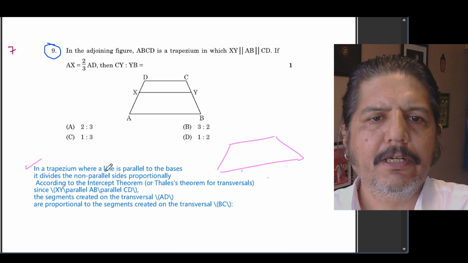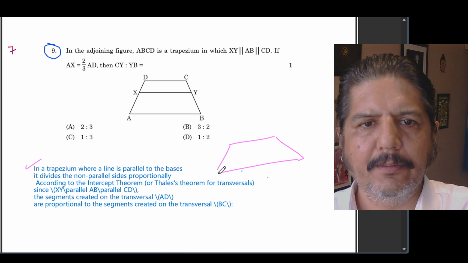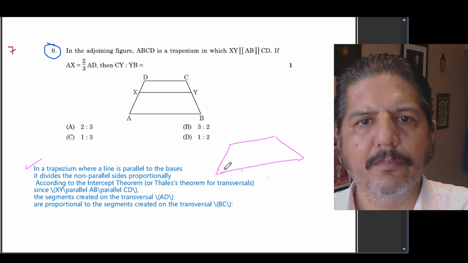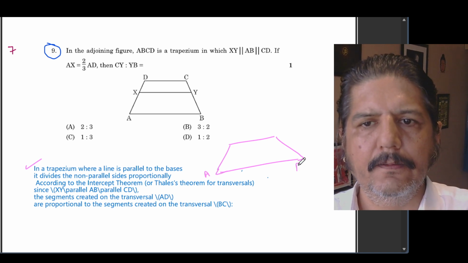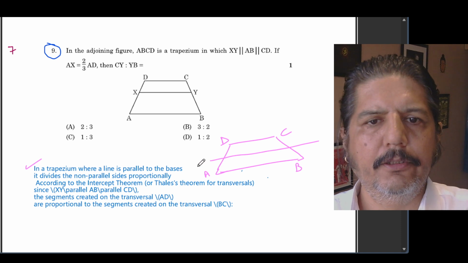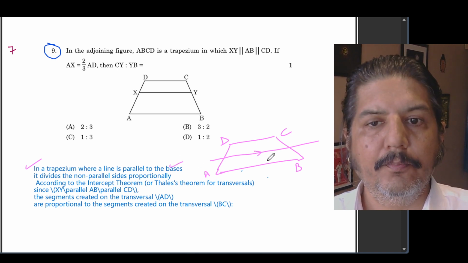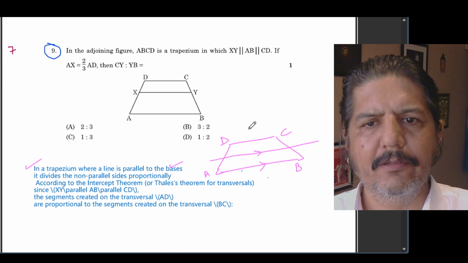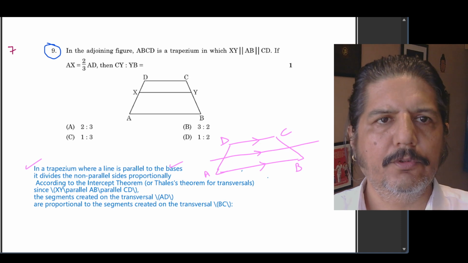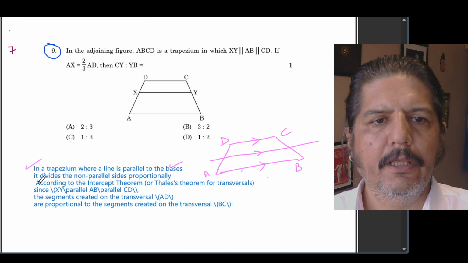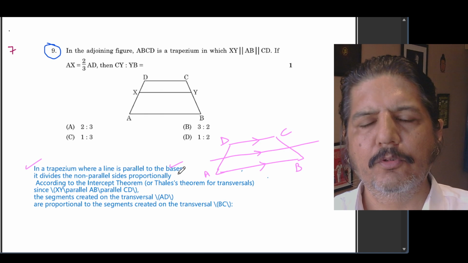In a trapezium, let us say ABCD, where a line is parallel to the bases, so this line is parallel to this, and of course this line would be parallel to this also. The theorem says it divides the non-parallel sides proportionately.